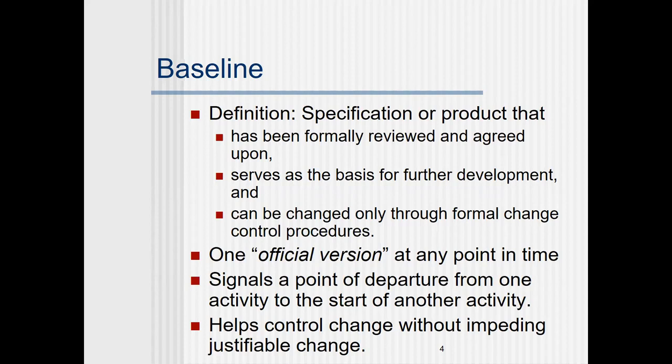Similar to that, here also the baseline is going to serve as a basis for further development and can be changed only through formal change control procedures. So if this project, which is under development using a baseline, needs a change, it should be through formal change control procedures only. A formal change control procedure means it has to be properly reported.